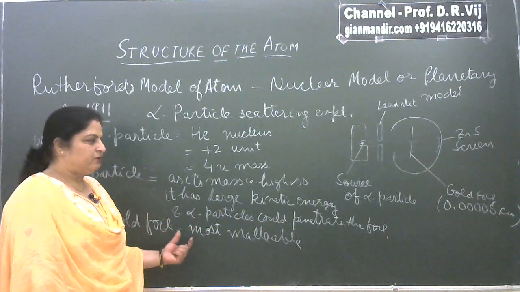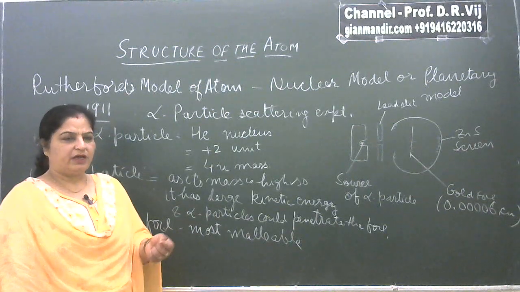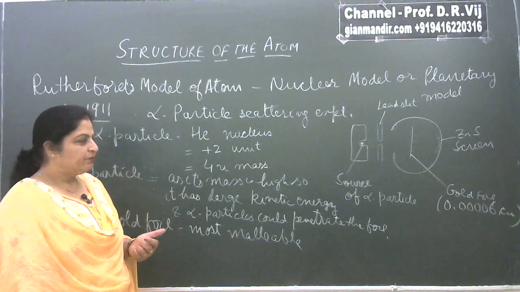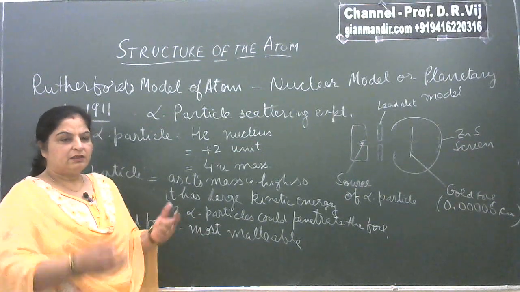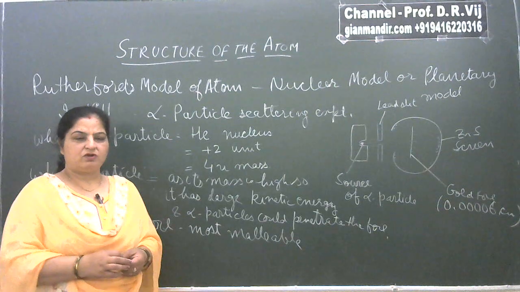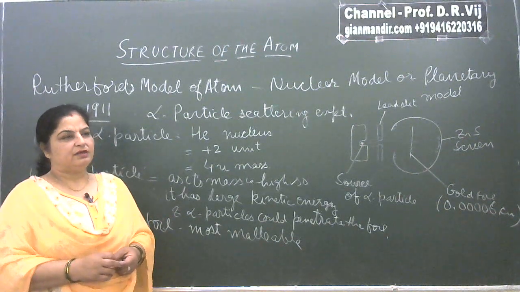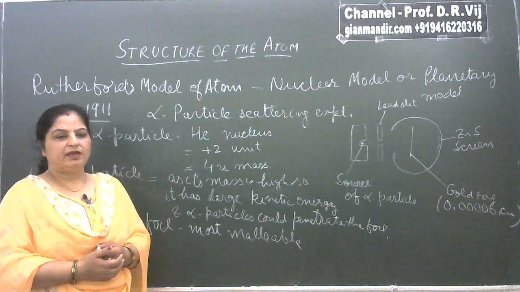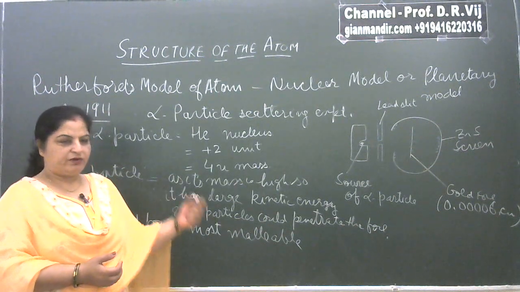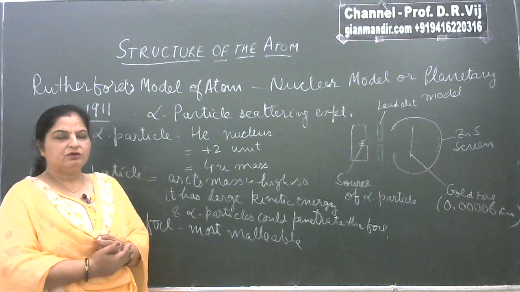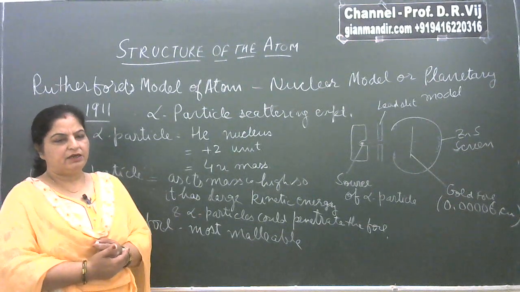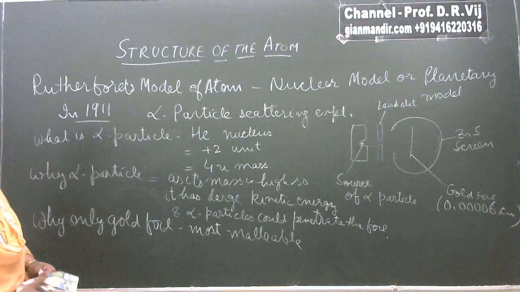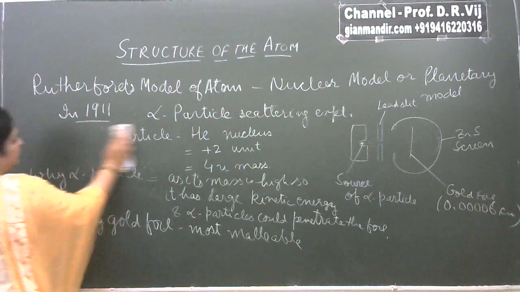If Rutherford had taken some other metal rather than gold, such a thin sheet would not have been possible, and alpha particles might not have penetrated through the foil, so the results Rutherford observed could not have been observed. These are some basic queries about Rutherford's experiment.